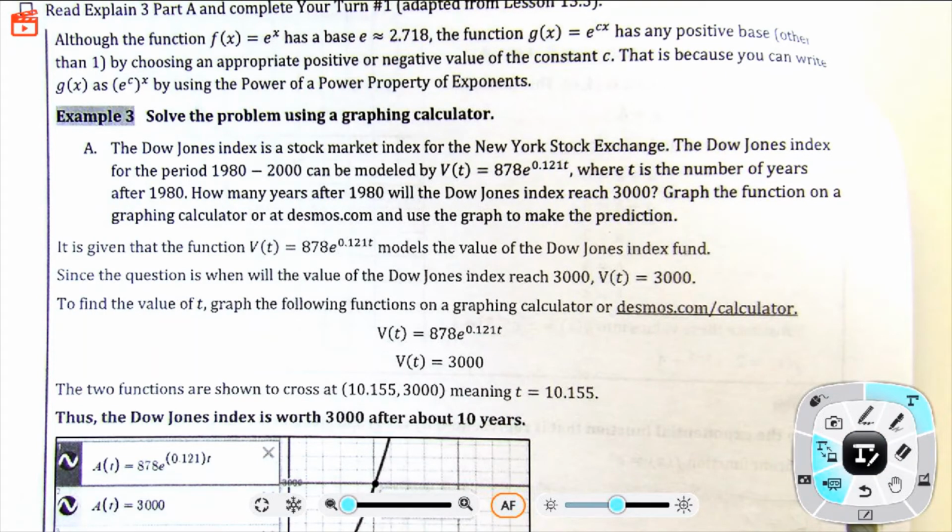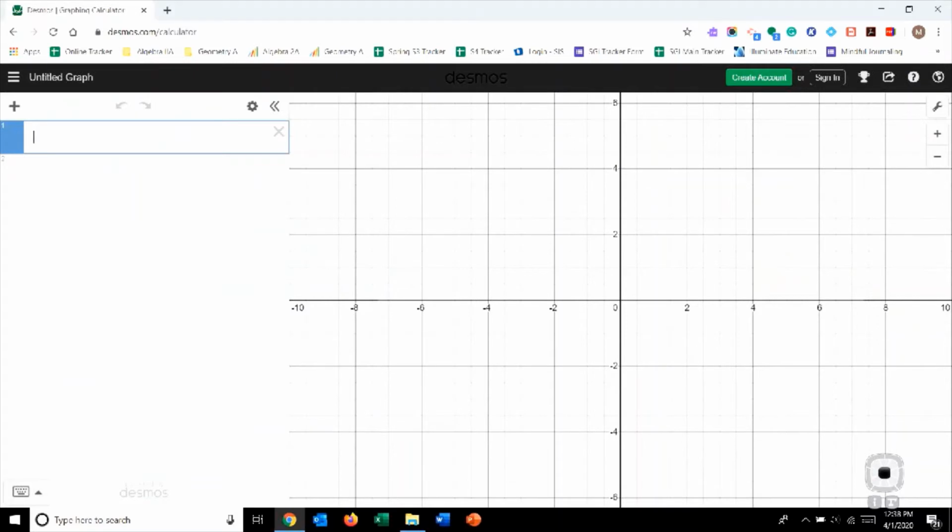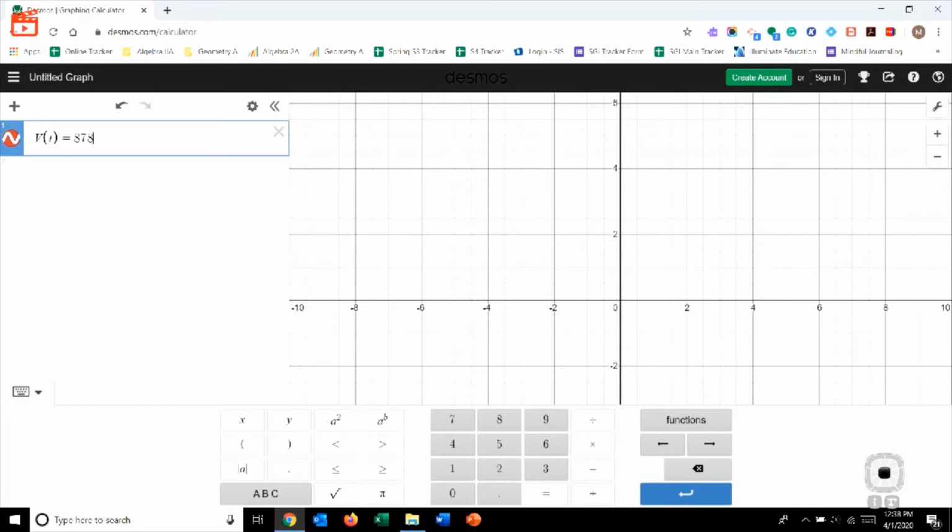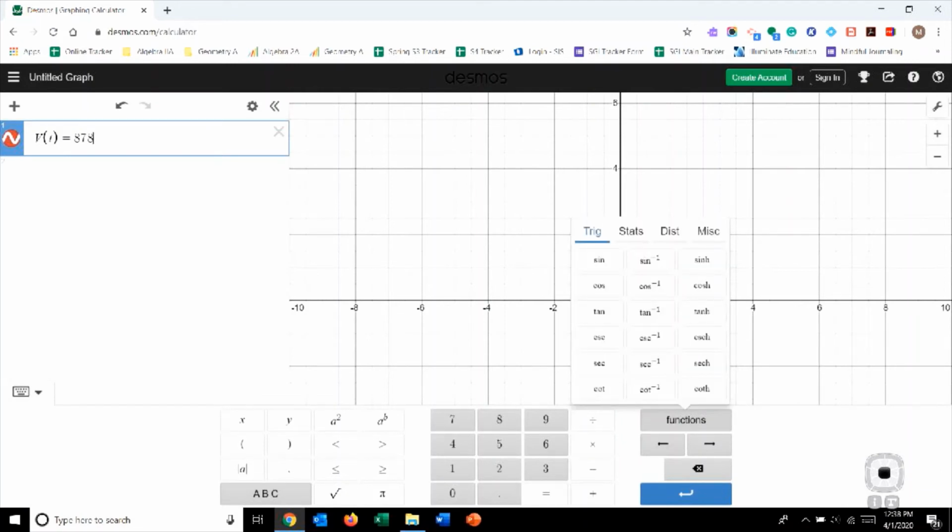So we're going to write V(t) is equal to 878, and let's see if there's an e button here. There it is.